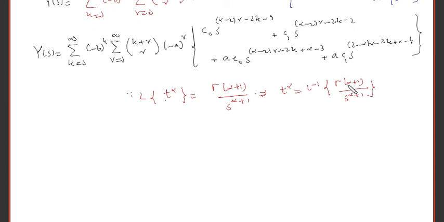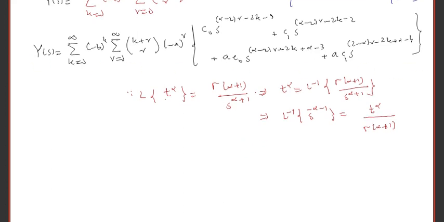Since gamma of alpha plus 1 is constant, we can shift it outside. So the inverse Laplace transform of s to the power minus alpha minus 1 is equal to t to the power alpha over gamma of alpha plus 1.